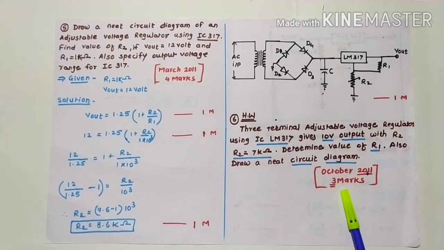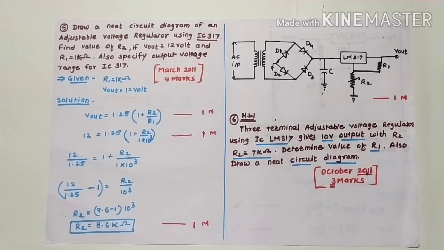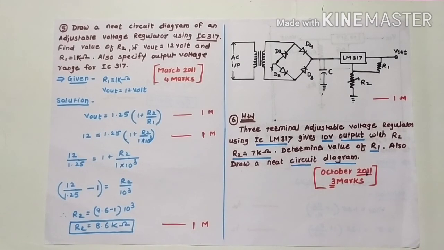Students, this problem was also asked in the board exam October 2011 for 3 marks. I have only added the part about drawing the circuit diagram, so you will get more practice.